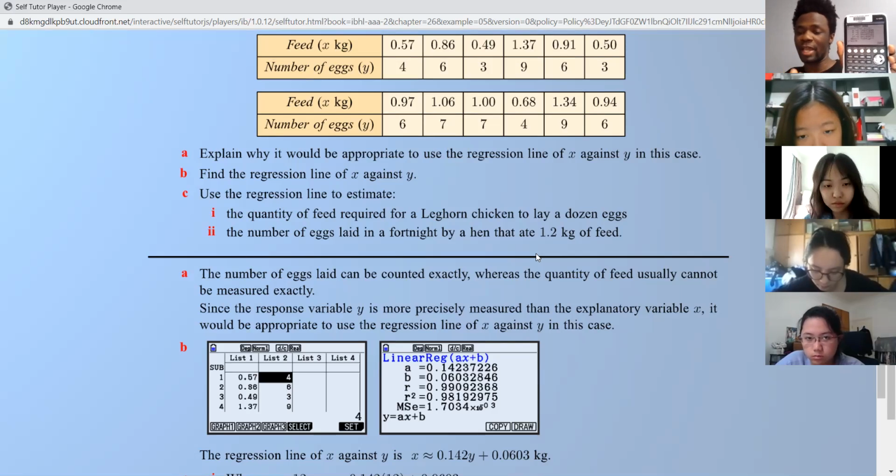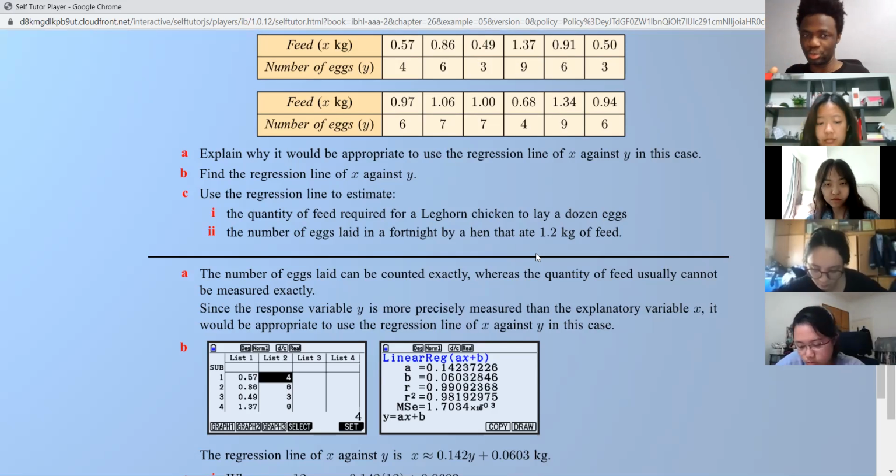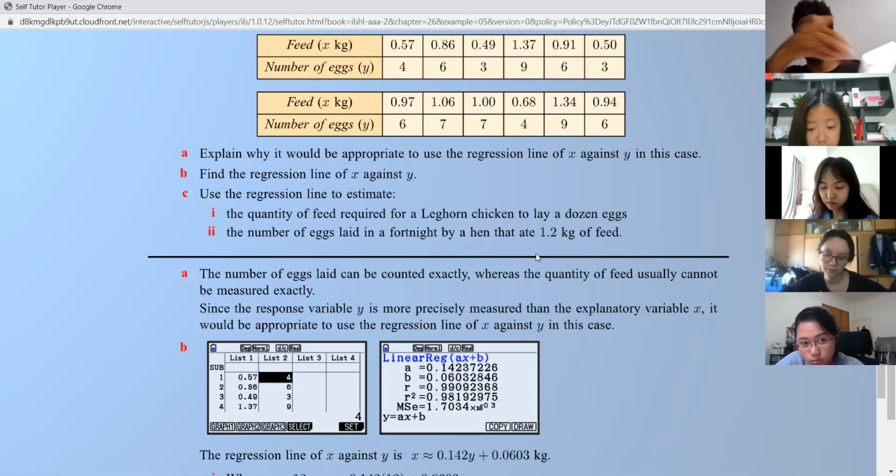If you are doing Y against X, it's going to be in that order, list 1, list 2, provided you've entered it as X and Y, list 1 in the table. Do you understand what I mean? You just change it to list 1, list 2, list 2, list 1, and that is it.